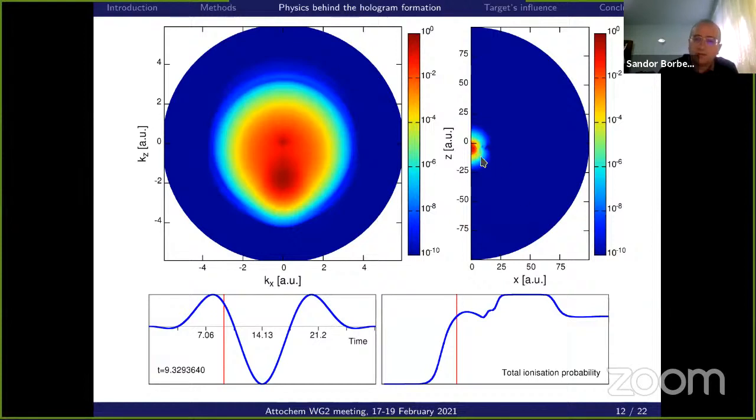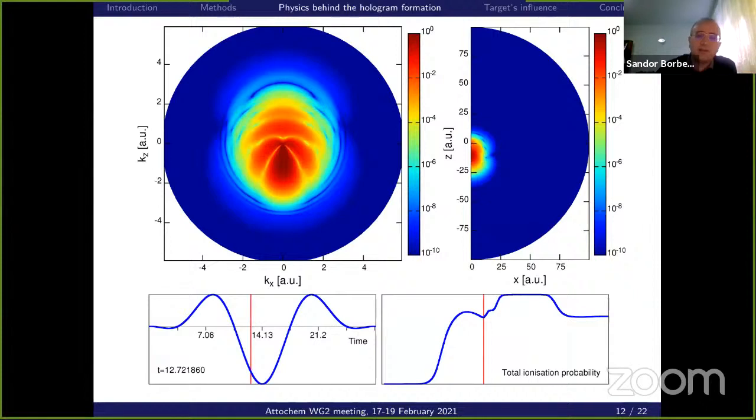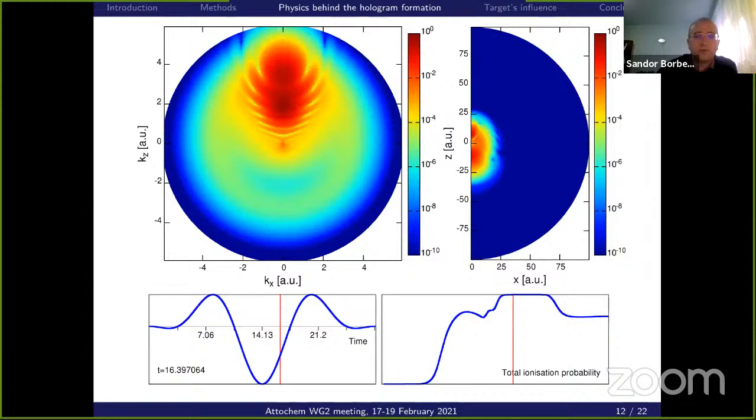You can see this here in this plot. Propagating this system further, with the change of the electric field's direction, this very broad continuum electronic wave packet returns to the core, where it is scattered, leading to this very nice interference pattern.